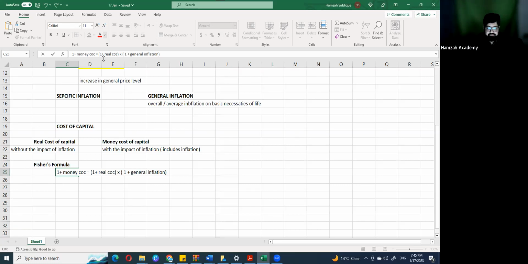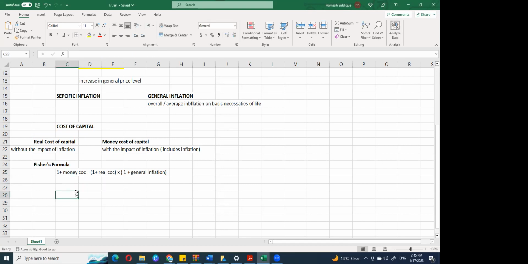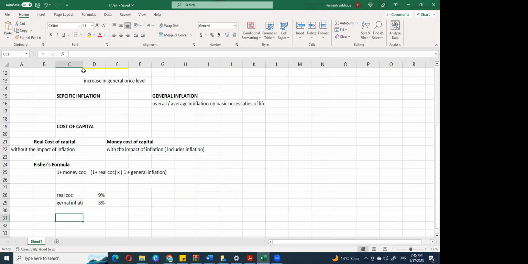Now, so students, for example, real cost of capital is 9%. General inflation in the economy, for example, is 3%. So what will be the money cost of capital? Give me answer. Be quick. Apply this formula.